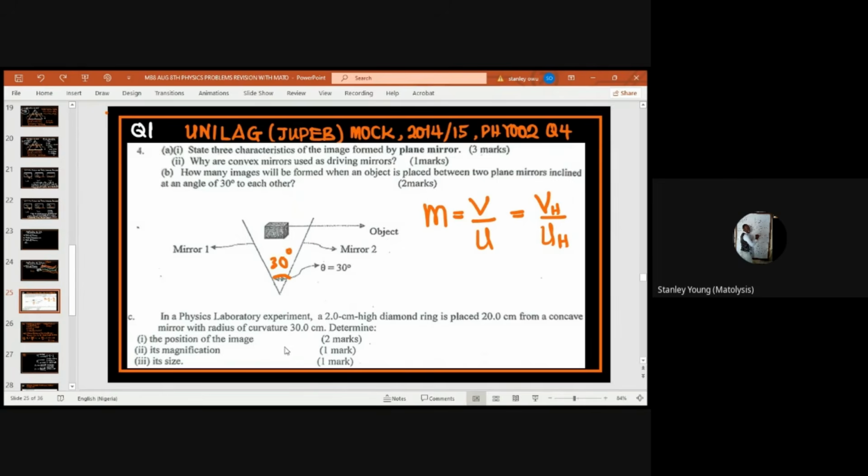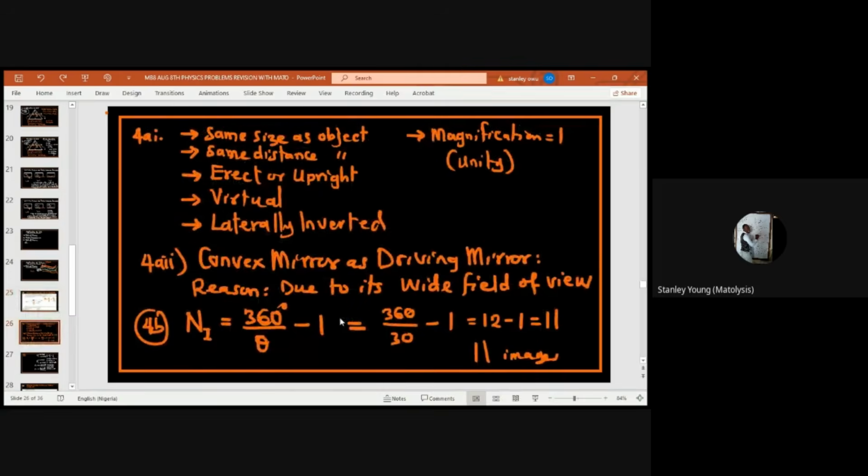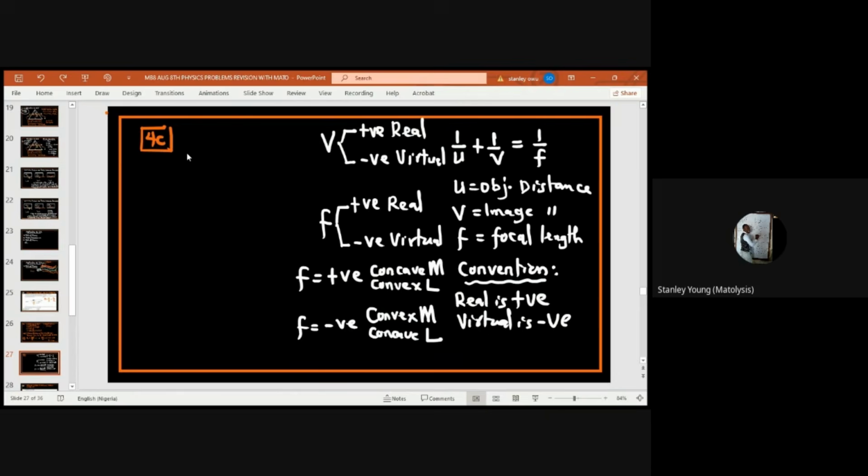Okay. So the first thing the question gave you here is, say in a laboratory experiment, a 2 centimeter diamond ring. That's the size of the ring. So meaning the image size is 2 centimeter. Image height 2 centimeter.